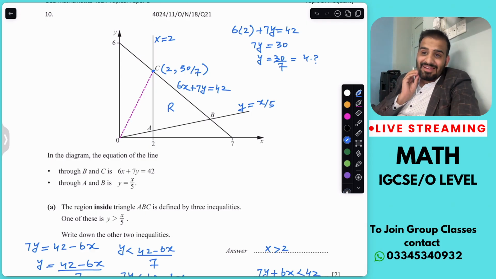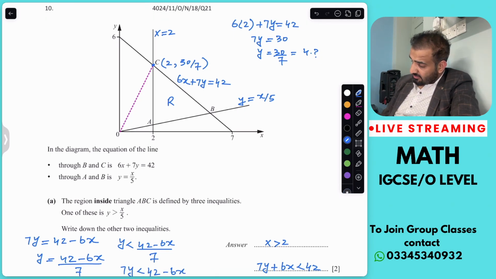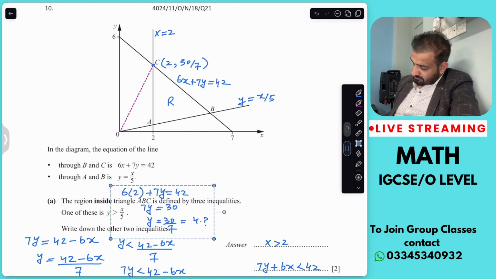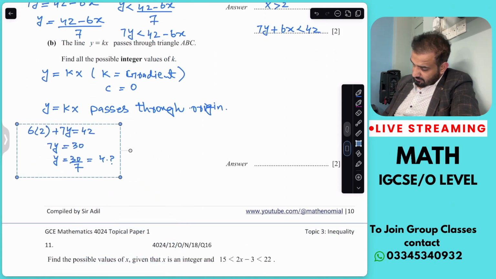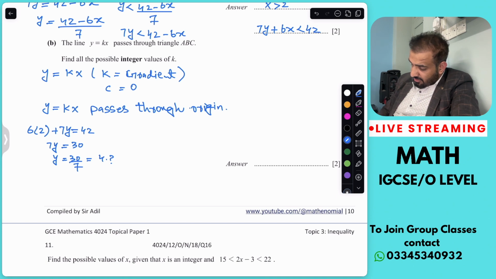Now, what is my gradient of this line? It is rise over run. So coordinates of C are 2, 30 over 7.